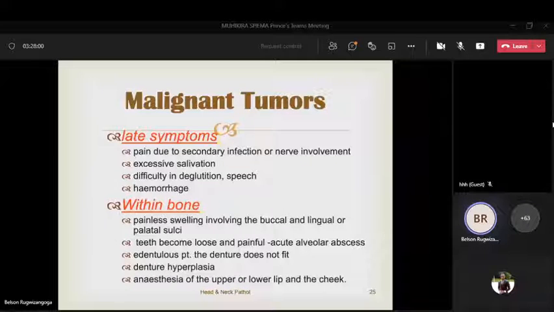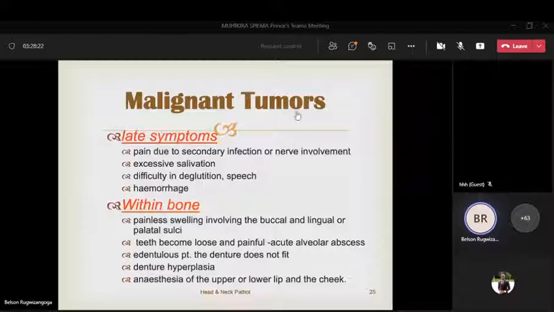So the symptoms may be pain due to secondary infection or nerve involvement, excessive salivation, difficulty in swallowing or speech. Some of these patients can't speak, hemorrhage and so on. If the bone is involved, usually it is painless.